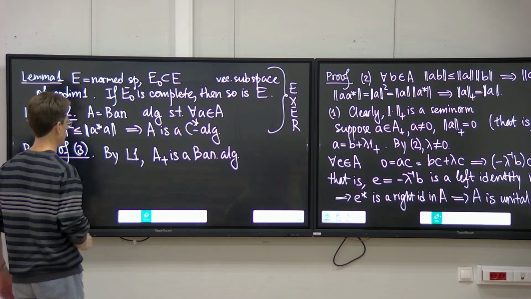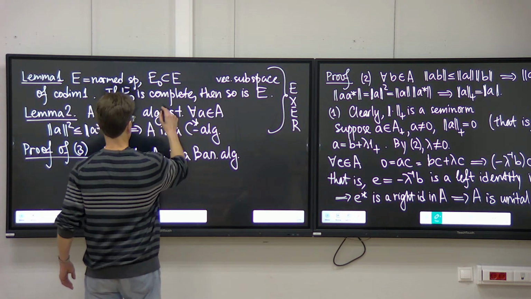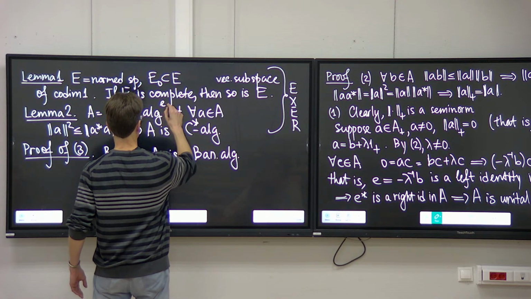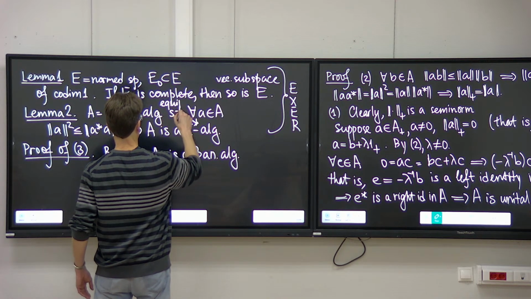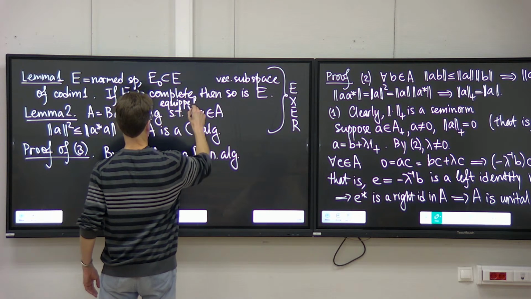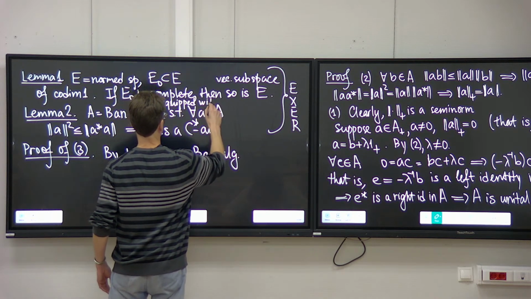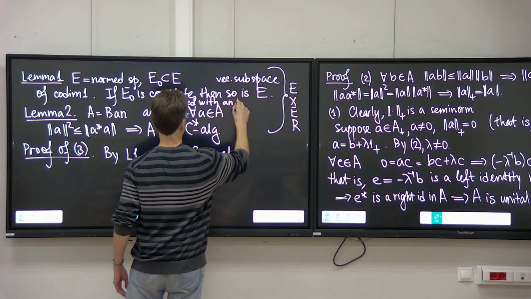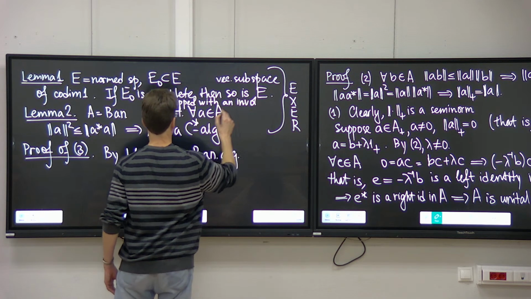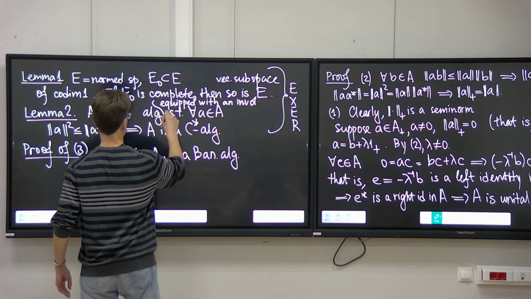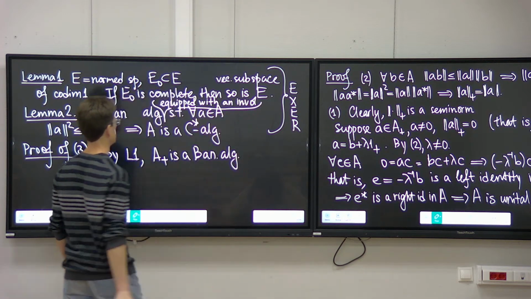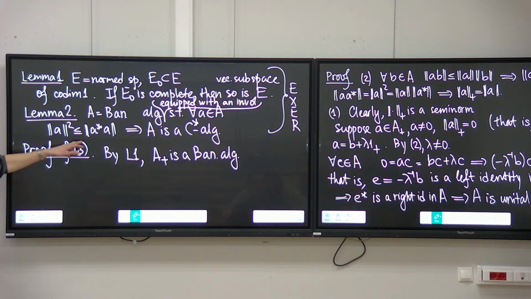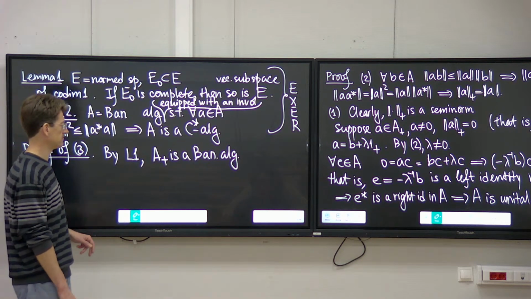If A is a Banach algebra equipped with an involution, what is essential here is that I don't assume that the involution is isometric. We only assume that this inequality holds. And this inequality, in fact, implies the fact that the involution is isometric.